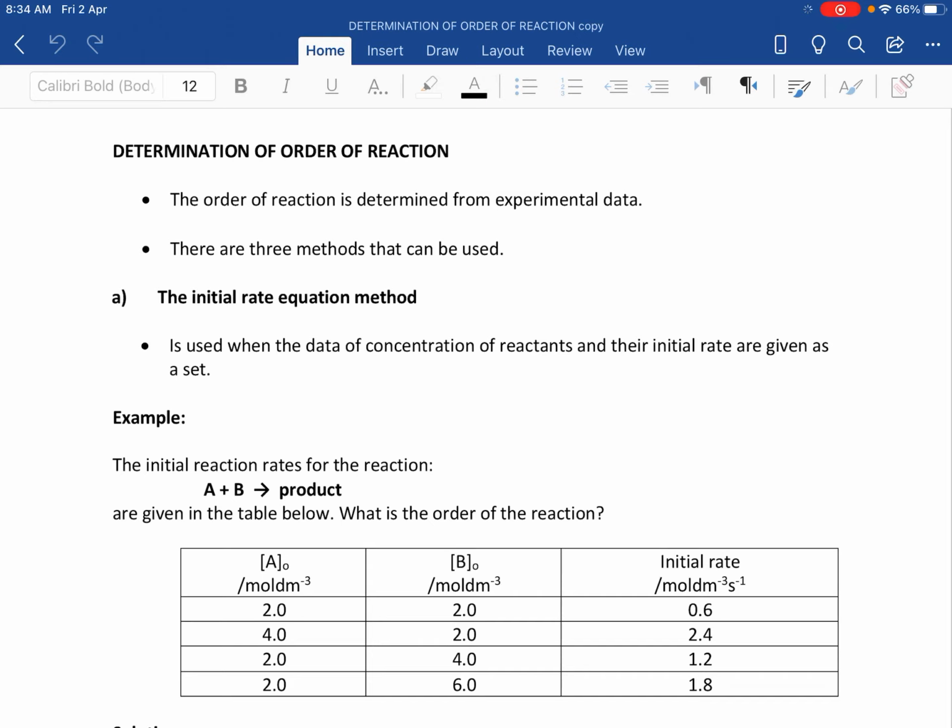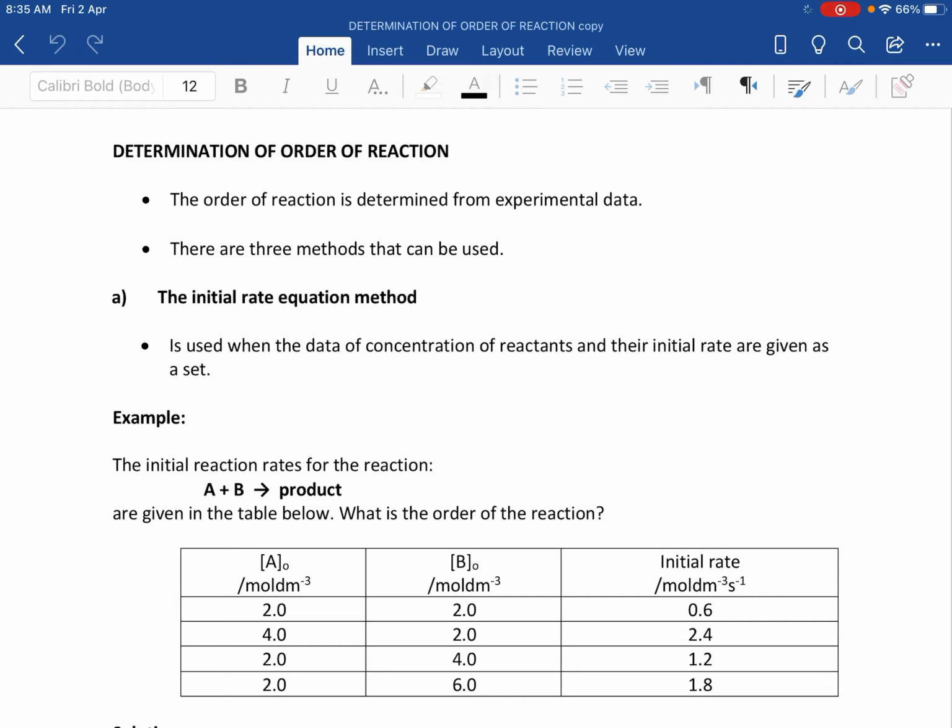Today we are going to discuss how to determine the order of reaction. Before this, we have discussed zero order, first order, and second order reactions. So today we are going to discuss how to determine whether a reaction follows zero order, first order, or second order.